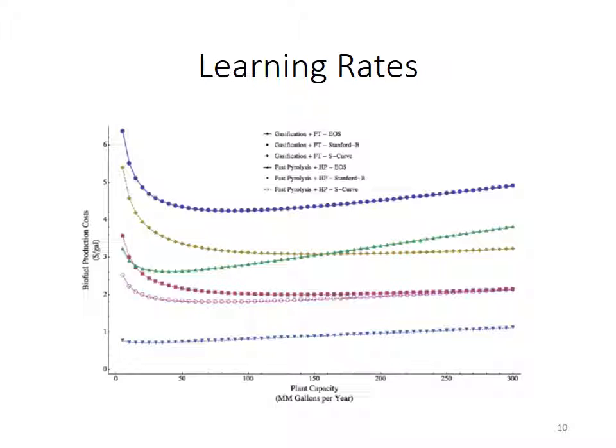If you allow the technology to improve after building several units, maybe 100 units, maybe 1,000 units, that cost could be reduced to somewhere in the $2 to $3 per gallon range. Not only do we reduce the cost, but we can actually build larger optimal scale facilities.